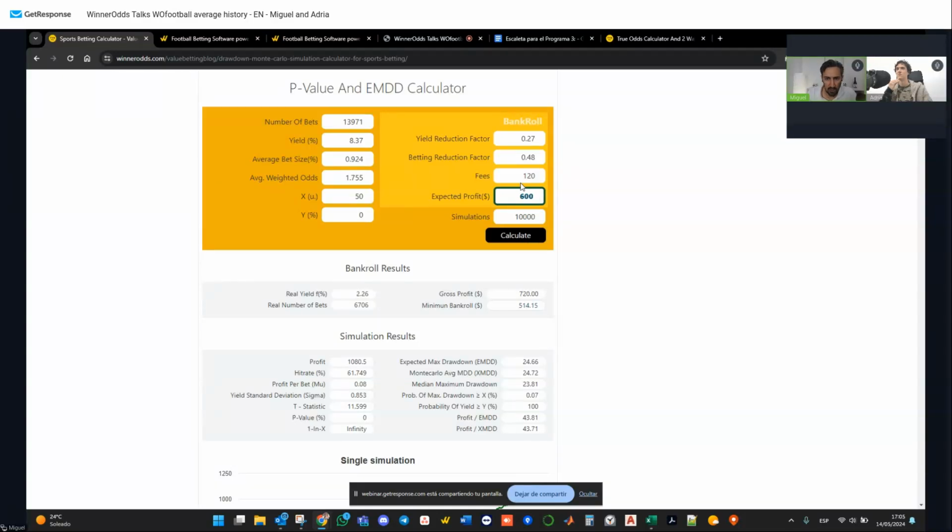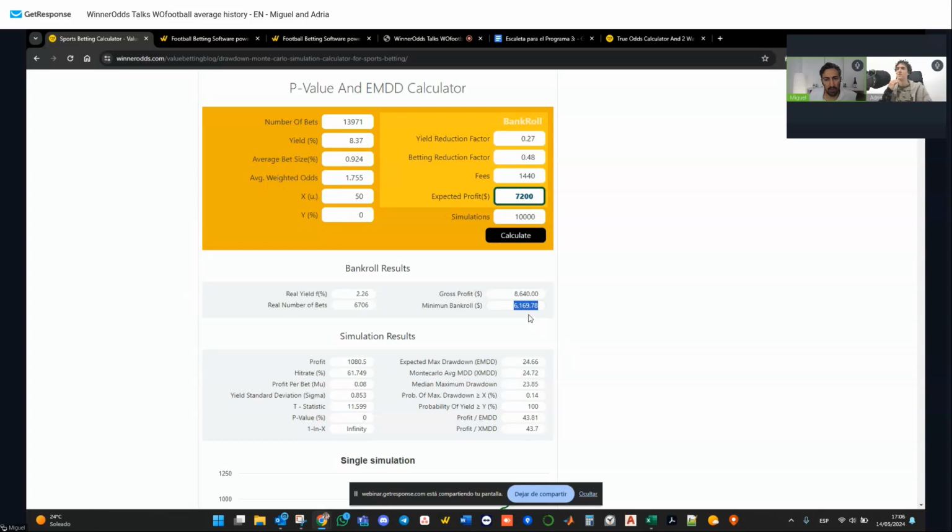Then it is 120 multiplied by 12, more or less. And this multiplied by 12 is, in 1 year, 7,200. Then which bankroll do I need if I don't change it, if I have the same bankroll for the whole year? It would be 6,000.